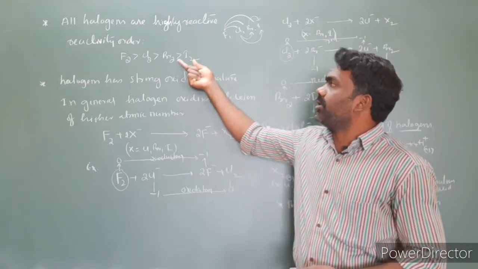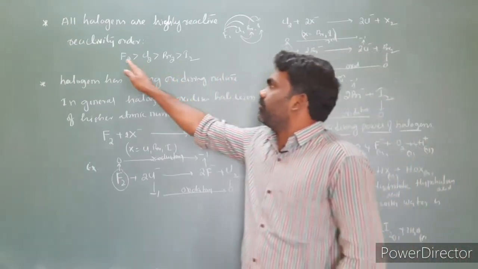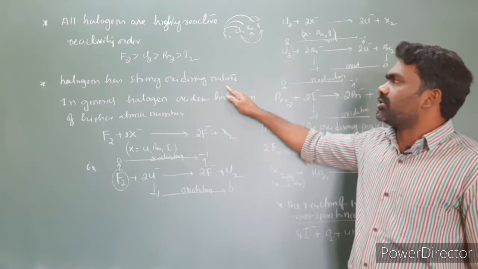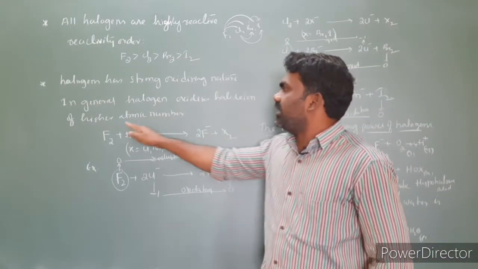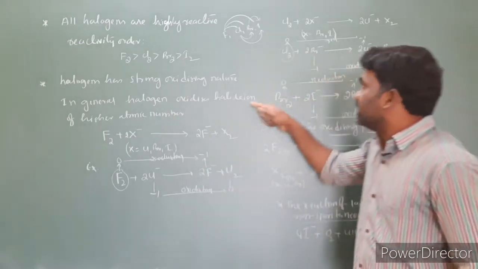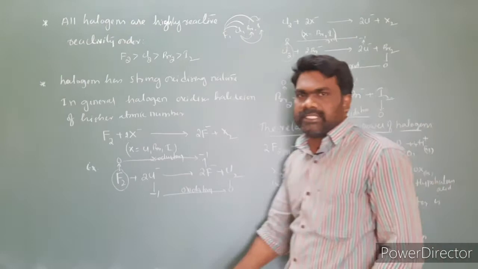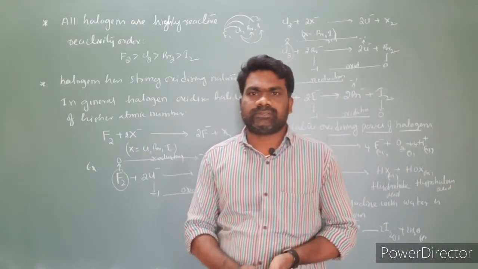The reactivity order is fluorine, chlorine, bromine, iodine. While moving from top to bottom, the reactivity decreases. That means fluorine is more reactive, chlorine is less reactive, and halogens are strong oxidizing agents. In general, a halogen oxidizes halide of higher atomic number also. The relative oxidizing power of halogens: fluorine is a strong oxidizing agent. So this is the oxidizing nature of halogens.